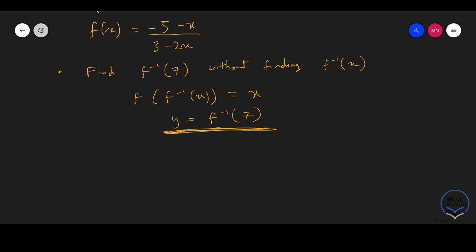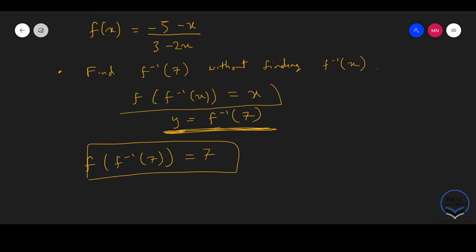Then we see that f of f inverse of 7 should be equal to, sorry, it should be equal to 7, right? And we can see this from this, right? In this case, we're considering x to be equal to 7, so we should just get x back. And this is just f of y is equal to 7.